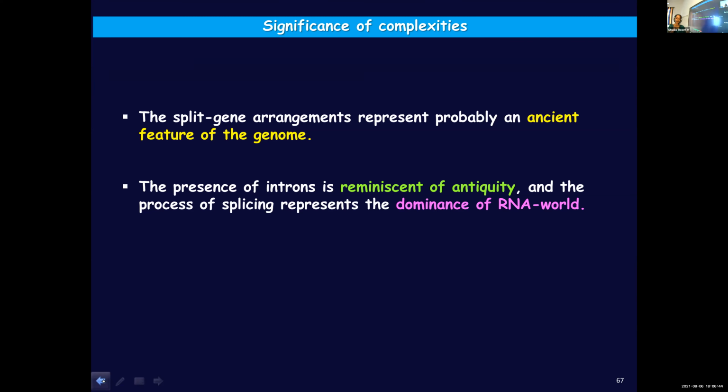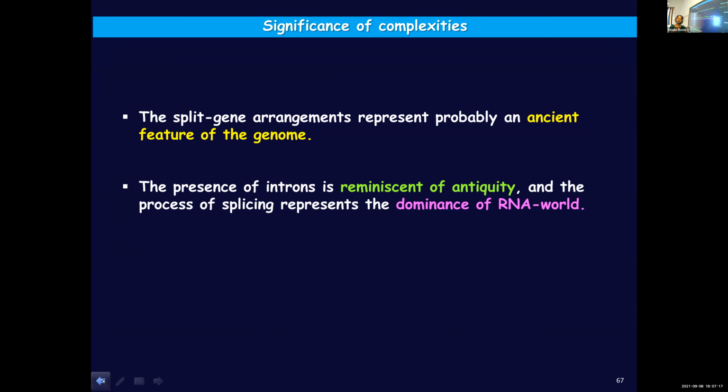And the presence of introns, or the split gene arrangement, indicates some ancient feature, some old feature of the genome. So these introns might have had some function earlier, but once this RNA has been formed, it is of no use. So that presence indicates that they had some function in the past, or some reflection of the past. It had some significant function earlier, but it is no longer functional.